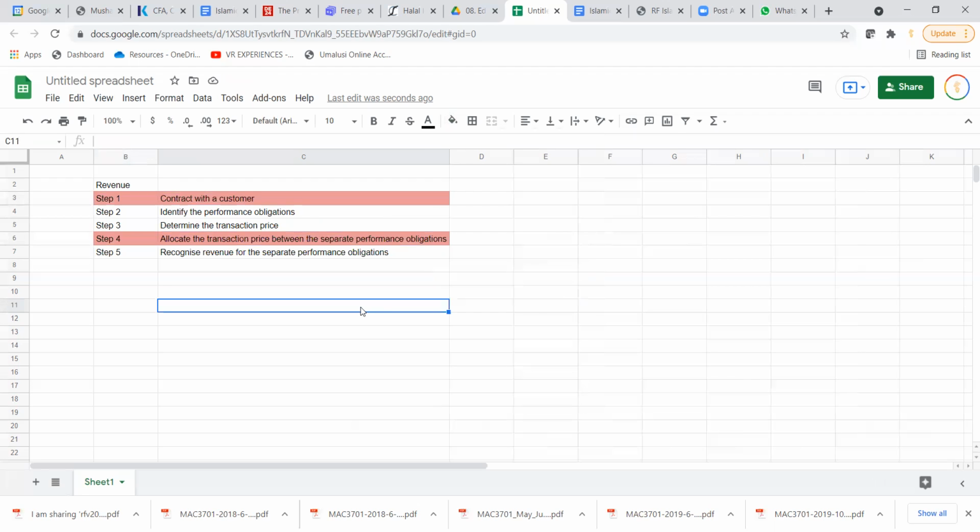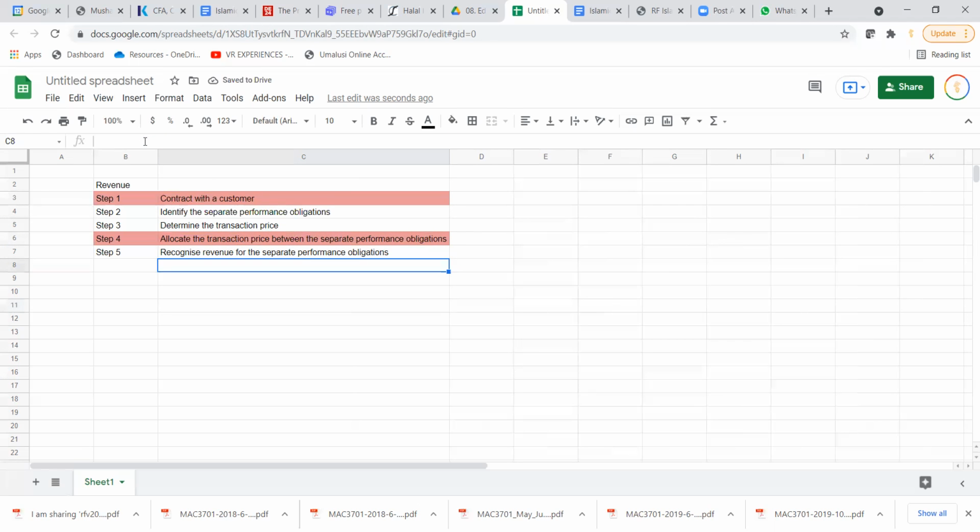Now, step 2 is one of the biggest ones in the real world and also from a theory point of view. So you must be able to handle step number 2. What does step number 2 deal with? It deals with identifying the separate performance obligations.